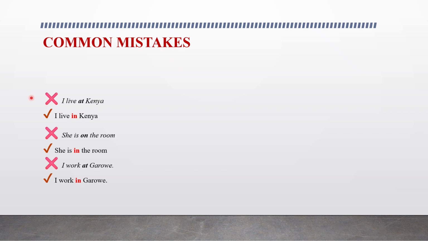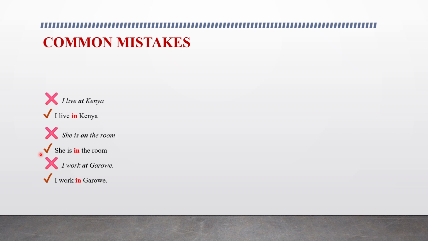We sometimes use the prepositions at and in interchangeably, which is very wrong. You don't say I live at Kenya, for example, but you say I live in Kenya. That is a large area. You don't say she is on the room, but you say she is in the room.